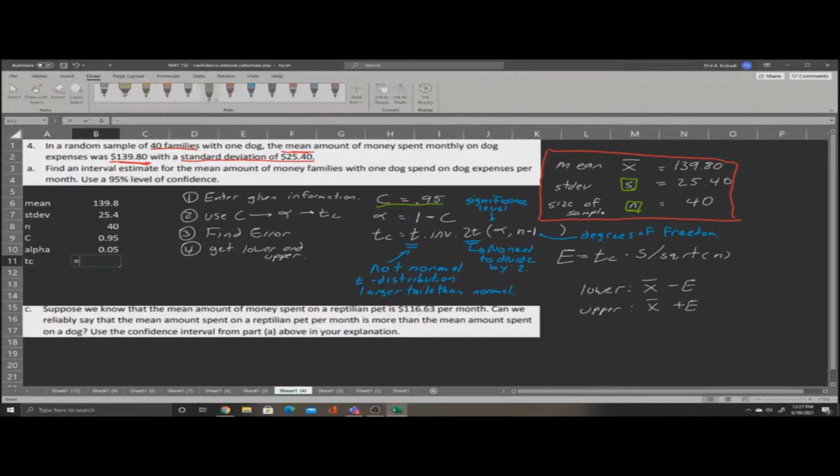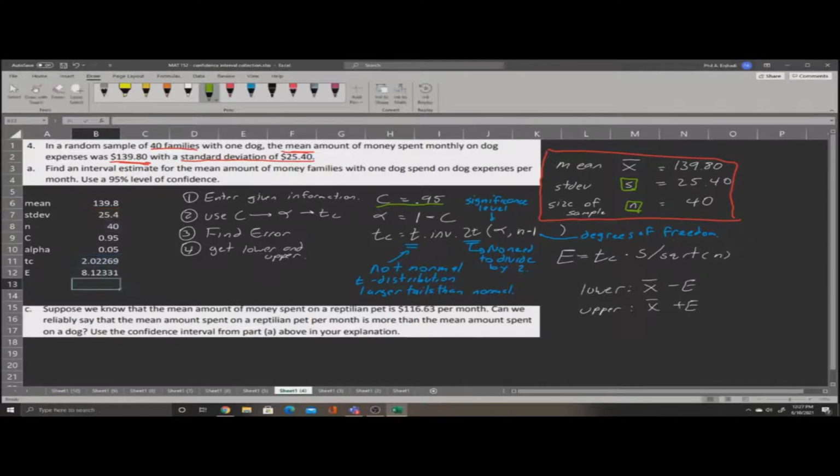For t critical, we'll say equals t.inv.2t. We'll enter our alpha, comma, n minus 1. Press enter. That will give us our t critical. Once we have all of those numbers assembled, we can find the error, which is equal to t critical multiplied by standard deviation divided by square root of n.